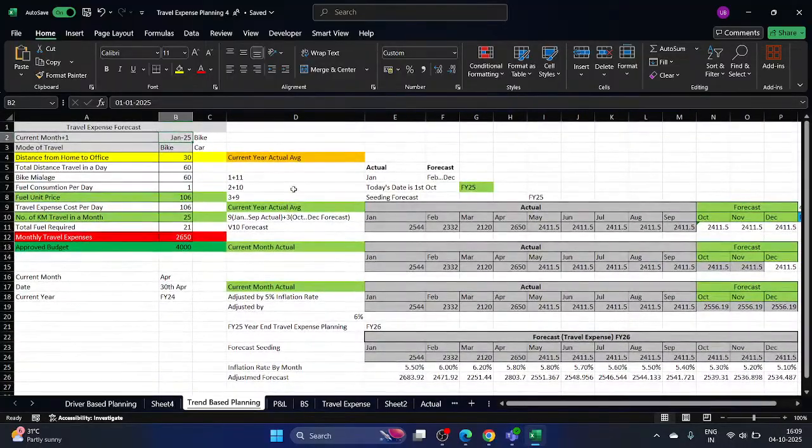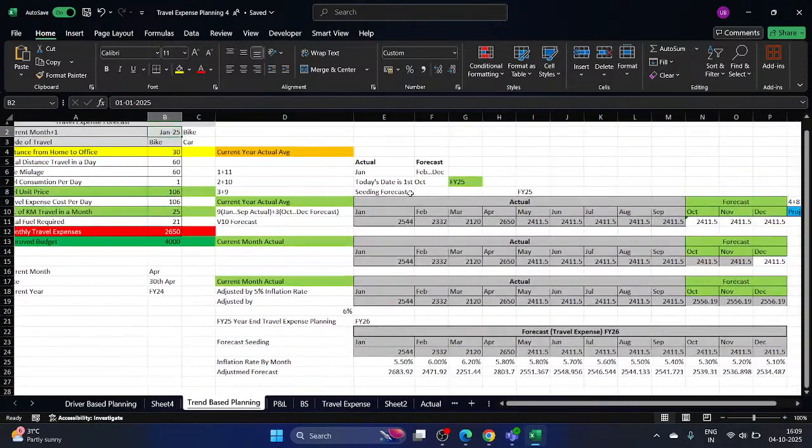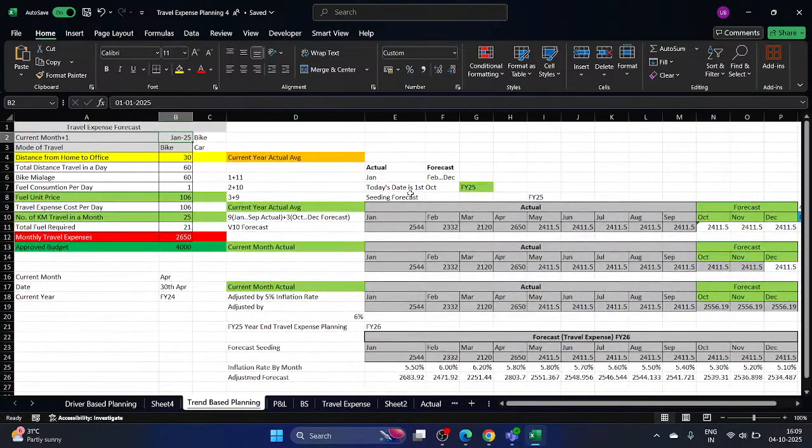So the current year actual, average, actual and forecast. Here the actuals are in the January, February, March and April months. The actual here, 2544, is the travel expense of Jan month.